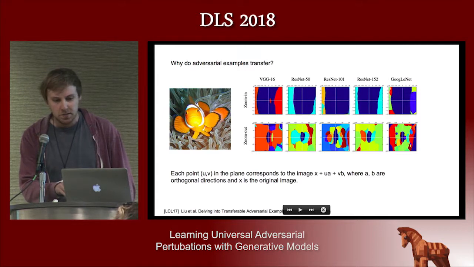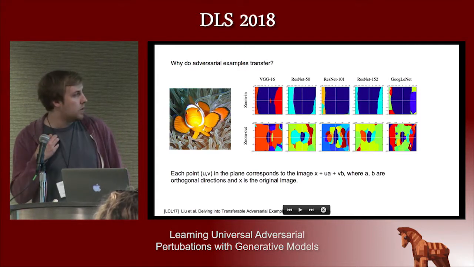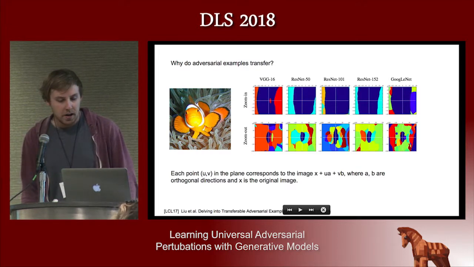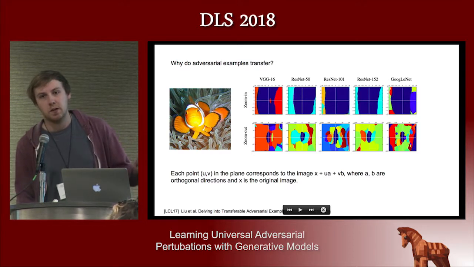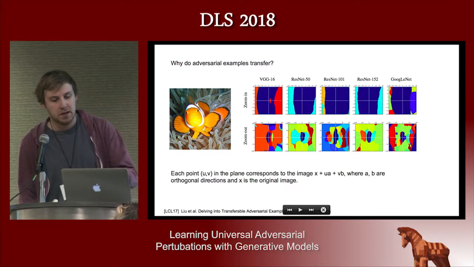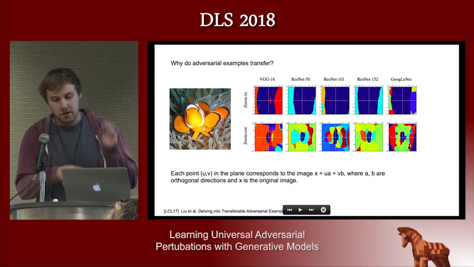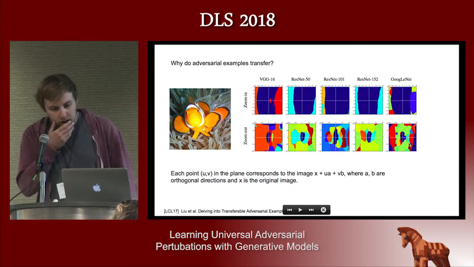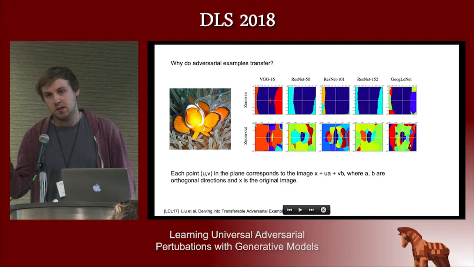Instead of me explaining, I'm going to use a paper from last year's ICLR that explains it quite nicely, or at least attempts to, where they plotted the decision boundaries of a few different ImageNet classifiers for this specific image along two orthogonal directions, one being the gradient direction and one an orthogonal one. The colors represent the different decision boundaries.